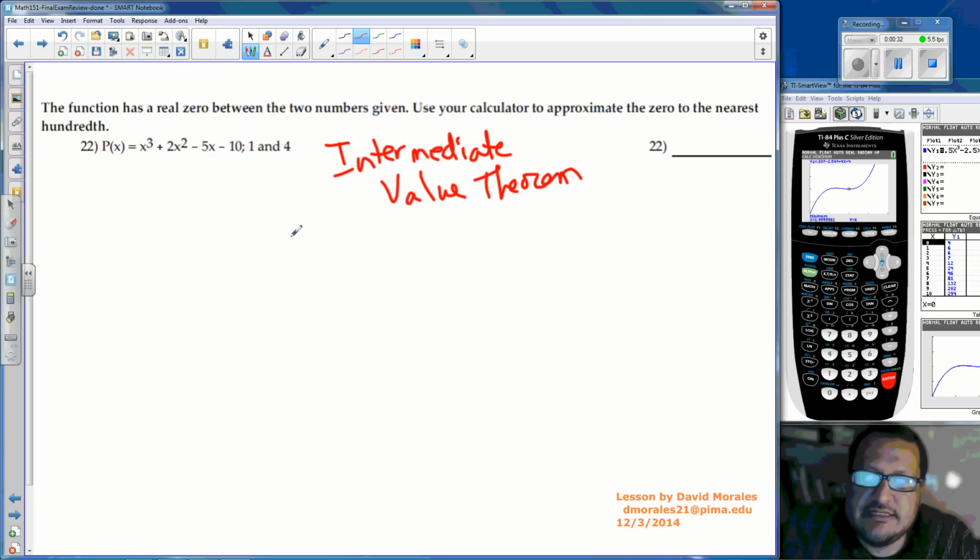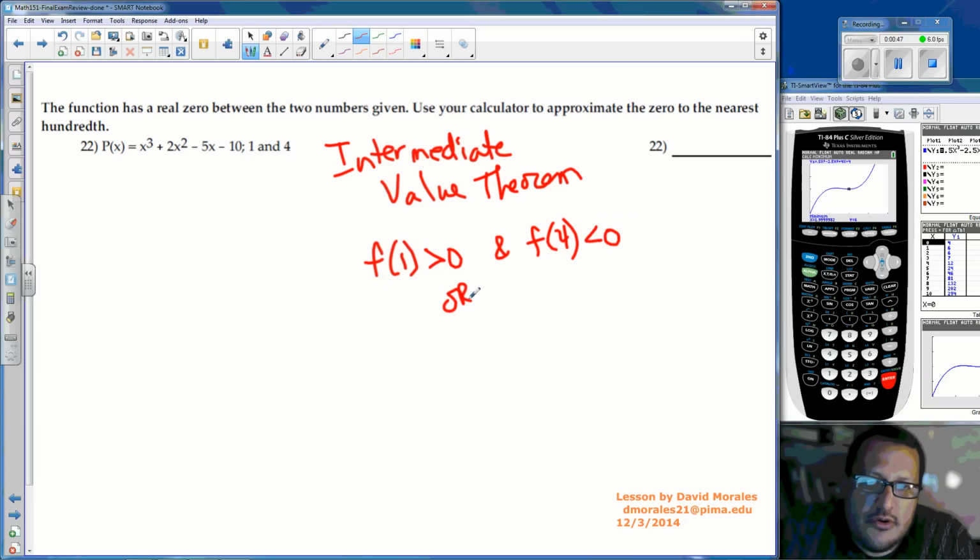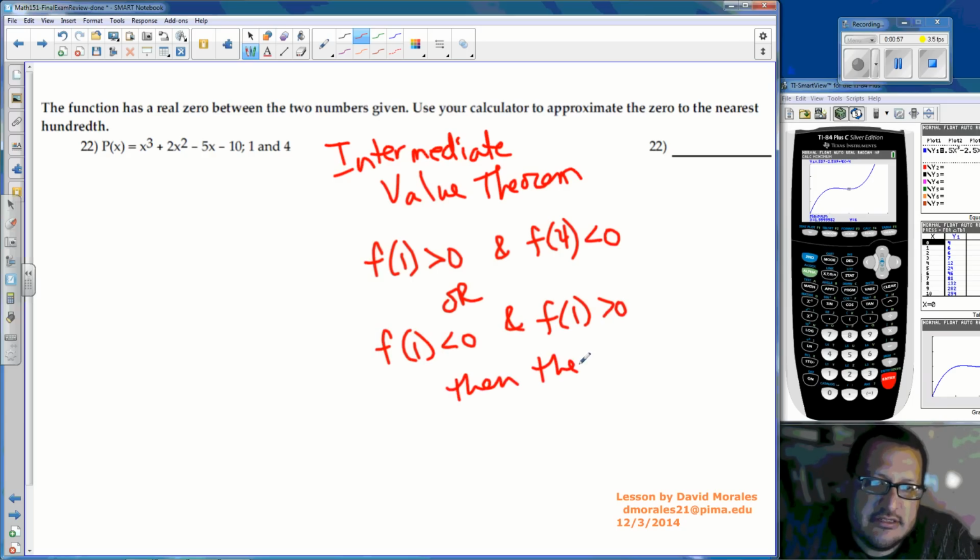And what this says is, if f of 1 is greater than 0 and f of 4 is less than 0, I'm getting these numbers from right here, or if f of 1 is less than 0 and f of 4 is greater than 0, then there is a 0 in between 1 and 4.